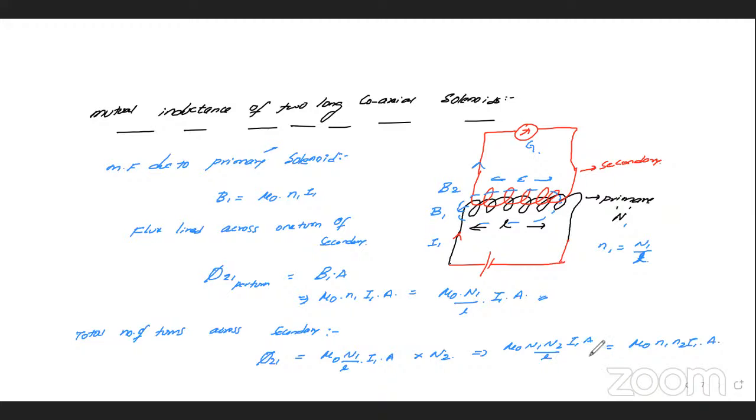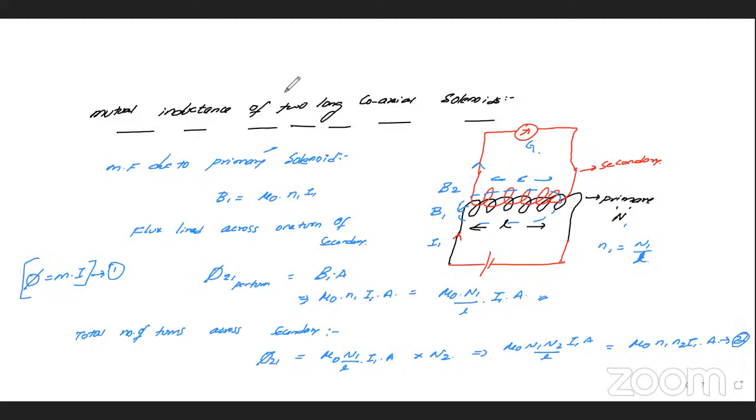So we got the flux. So now I'm going to compare. Flux phi is equal to M into I, which we already discussed in the last class, last topic. So from this relation, I'm going to compare these relations. I'll take this one as the first one and this one as the second one.